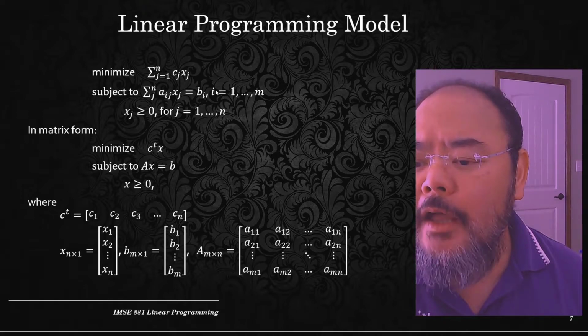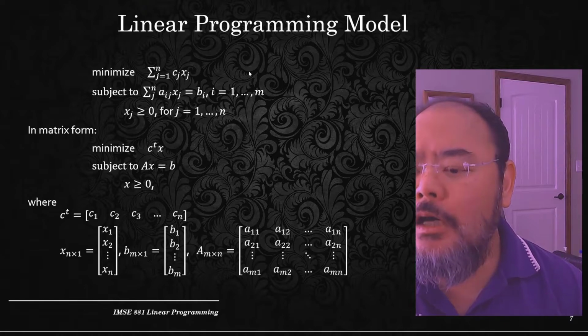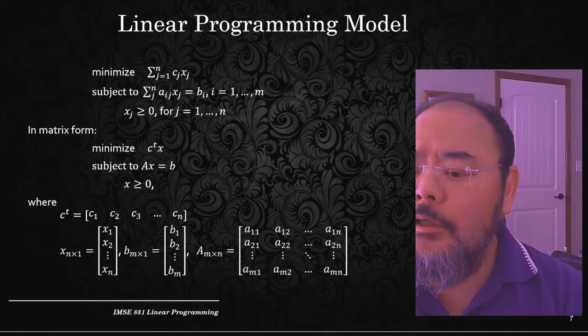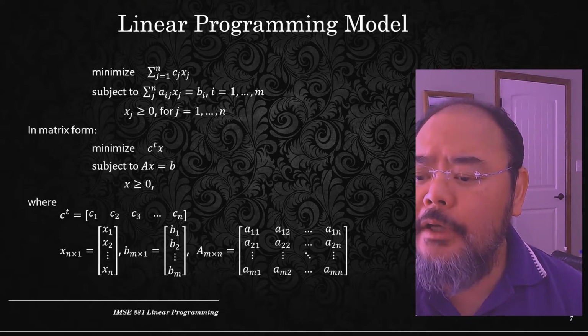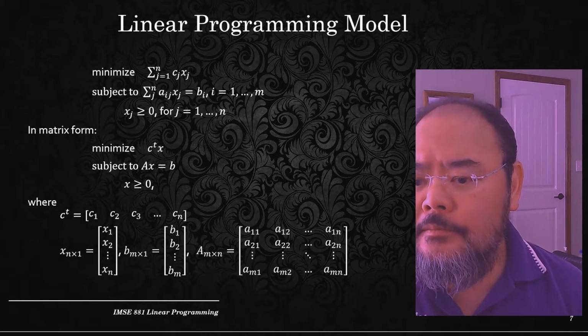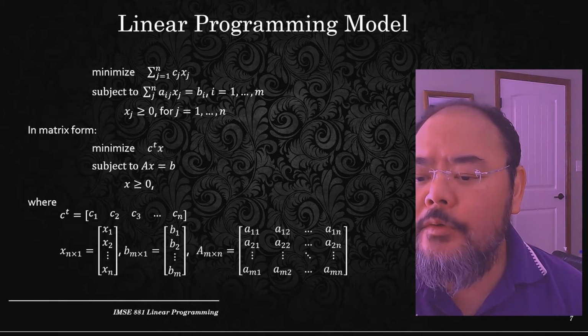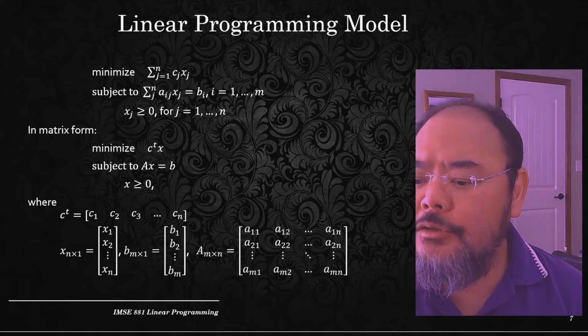So we have m of those constraints, and aij we usually call the coefficient for each one of the constraints. And by default, we're assuming all the decision variables xj are non-negative, which is greater than or equal to 0. And in total, we have n of those decision variables.